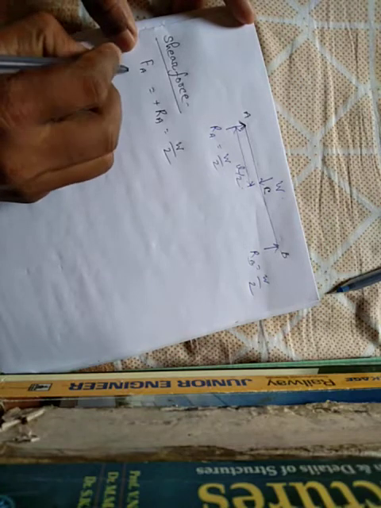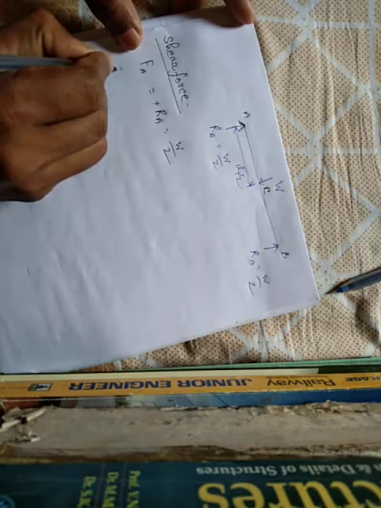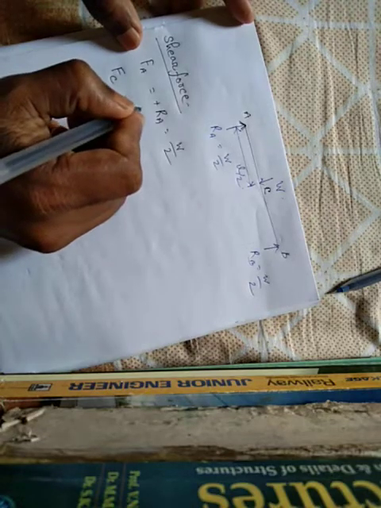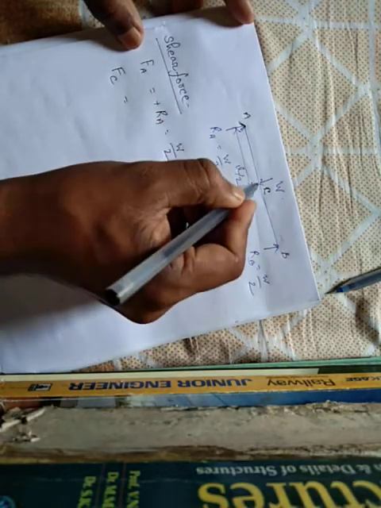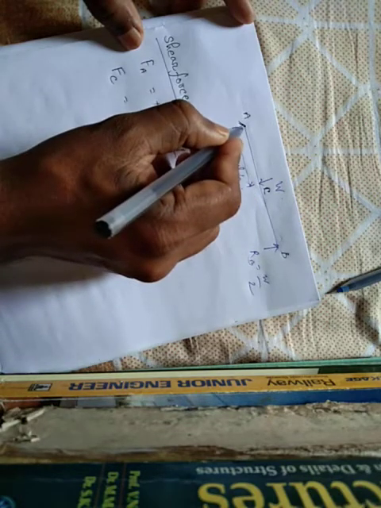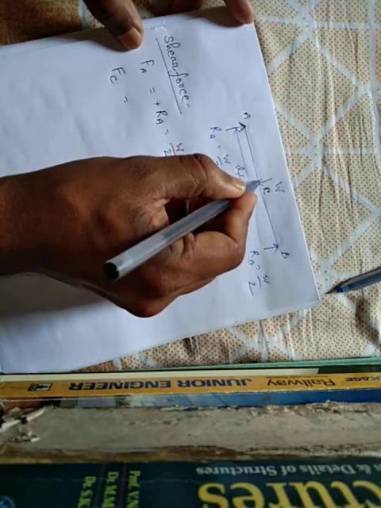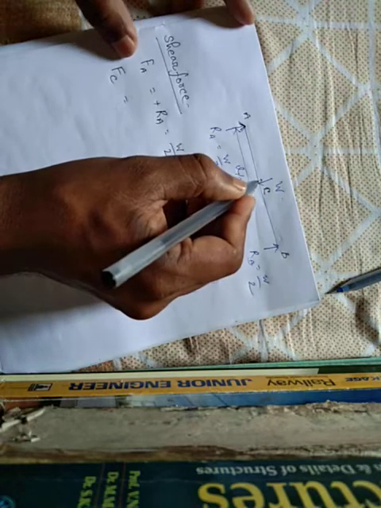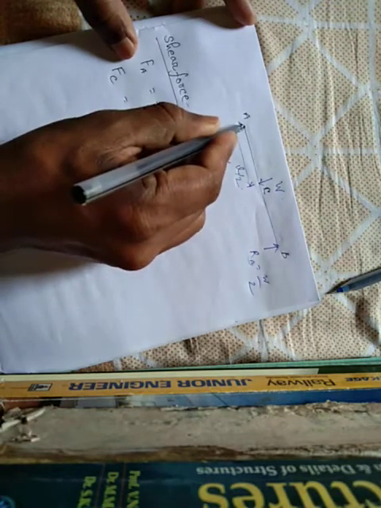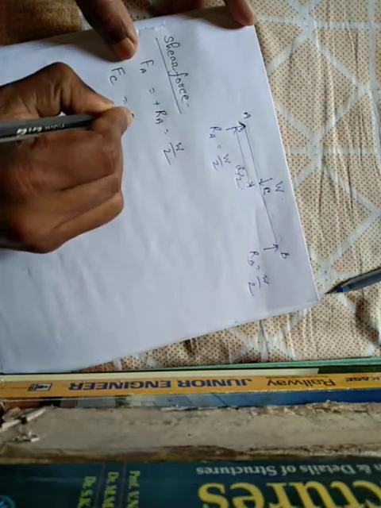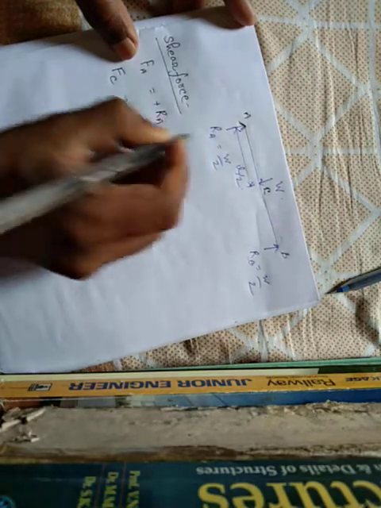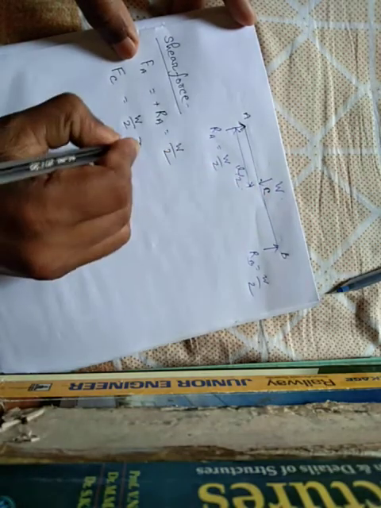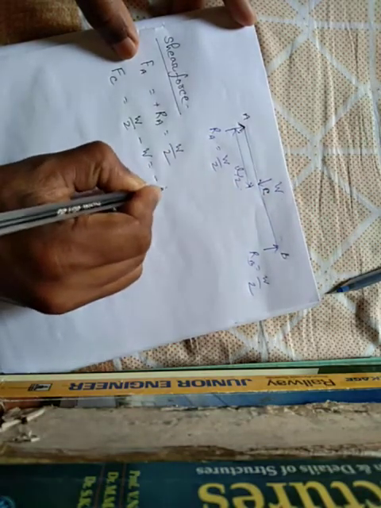Now shear force at point C. Shear force at point C means total force at point C. Total upward force W by 2 minus downward force W, so minus W by 2.